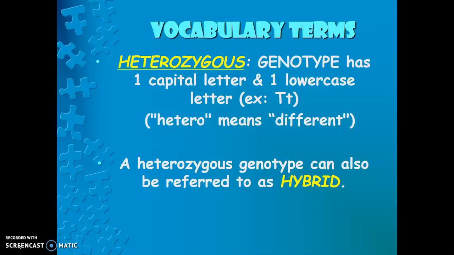Like a hybrid car is gas and electric. A hybrid genotype means one dominant and one recessive. Make sure that you can correctly use these terms: heterozygous, homozygous, dominant, recessive, purebred, and hybrid. It is really important that you use these words correctly.